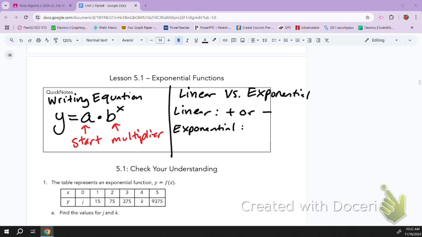What does an exponential function do? Yeah, multiplies or divides. So if I look at a graph, linear is going to be a straight line. Exponential is going to be a curve. It could be going up. It could also be going down.